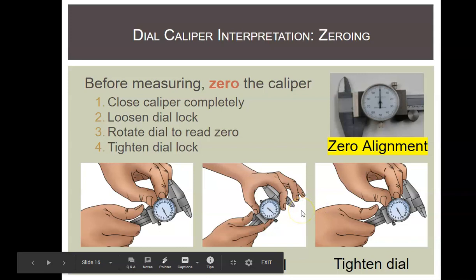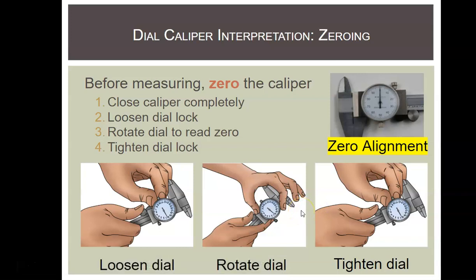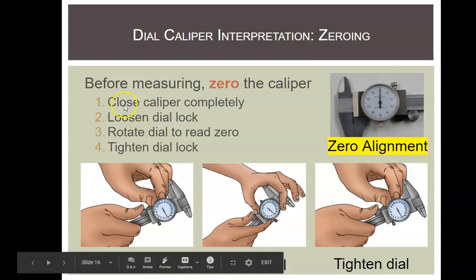Here are very, very important steps. Every single time you pick up a dial caliper, you don't want to trust the people before you. So you want to re-zero the caliper. First you close the caliper completely. You loosen the dial lock, and as you can see here, they loosen the dial lock that's underneath.